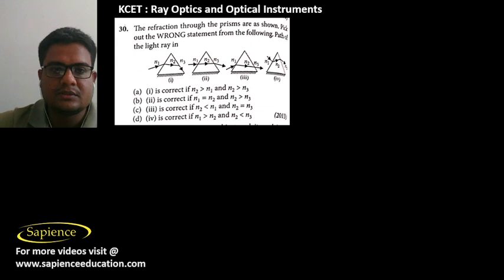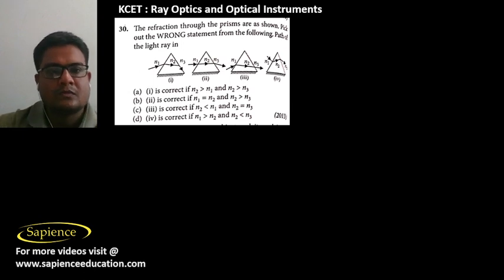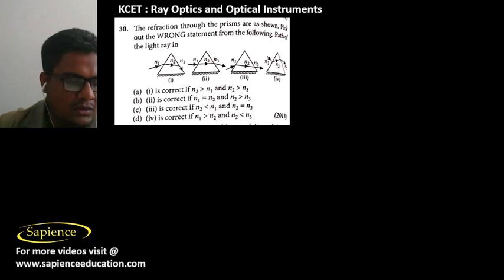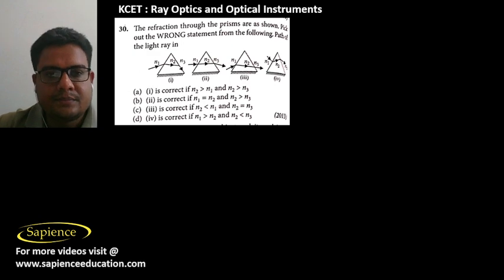Path of the light ray is... n2 is greater than n1, this is n1, n2, n3.